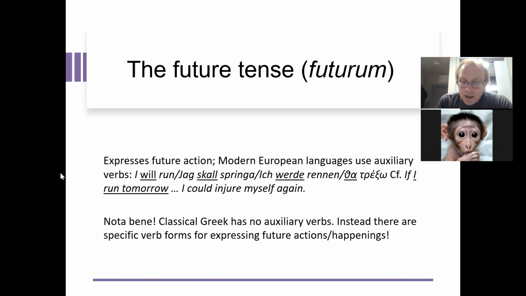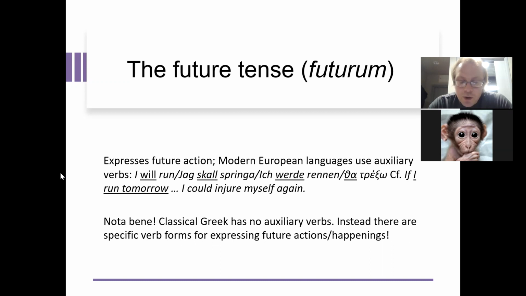And in classical Greek, it's also possible to use the present tense to express future action in this way. However, in classical Greek, there are also specific verb forms with which future actions can be expressed independently. And in fact, the auxiliary verbs are not used at all in the formation of the future tense.